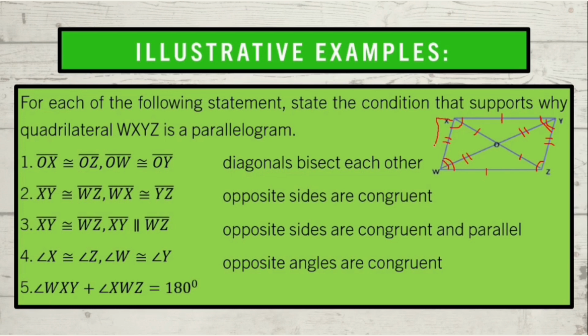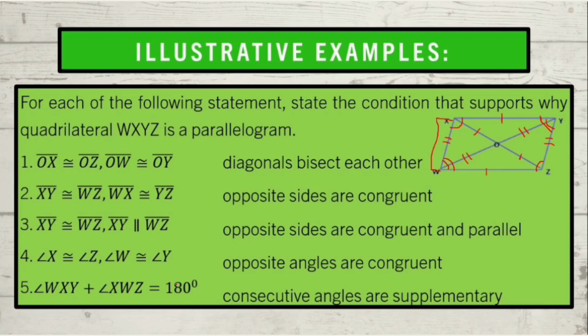Meaning, these two consecutive angles measure 180 degrees as said. So therefore, what condition is that? Great! Consecutive angles are supplementary. Very good, grade 9 learners. Do you have the same answer as me?